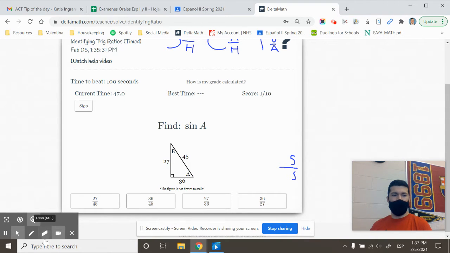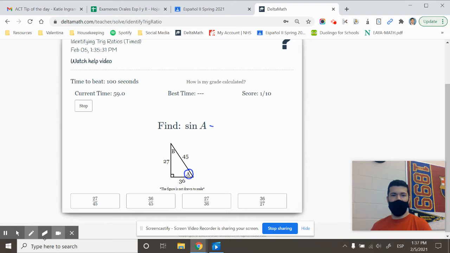Let's go ahead and try another one. What if I were to find the sine of A? Again, I situate myself at A. It all depends on if I'm looking at angle A or angle B. The sine of A is going to be equal to the side opposite of A, because it's SOH, divided by the hypotenuse.